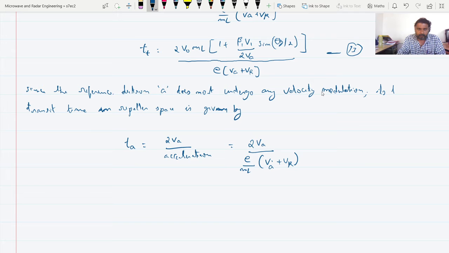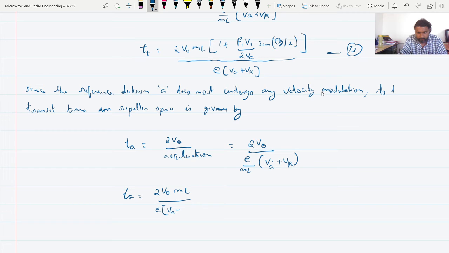So that is from using the equation for acceleration. Okay. So I will write TA is nothing but 2 V naught. It's not VA, it is V naught. 2 V naught ml divided by E into (VA plus VR).